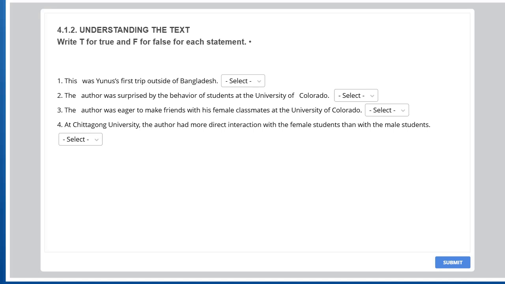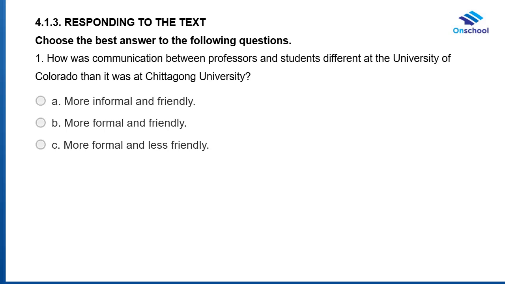Please decide if each statement is true or false. And now, can you answer the questions on the screen to get the details of the text? You have some minutes to answer the questions.